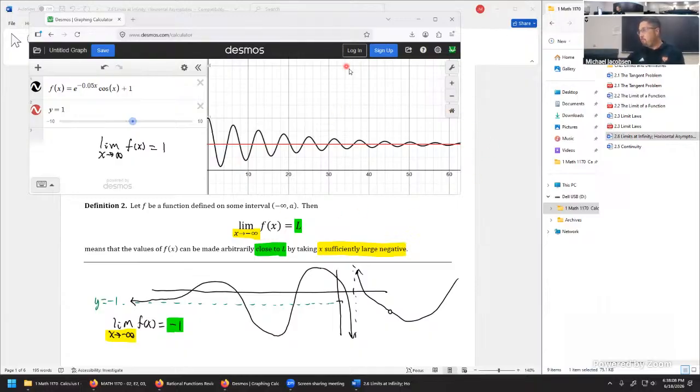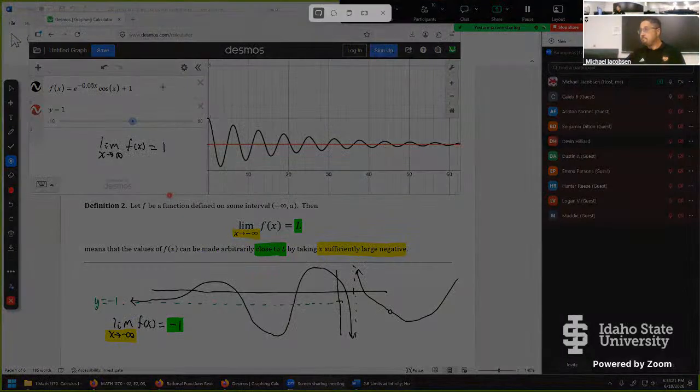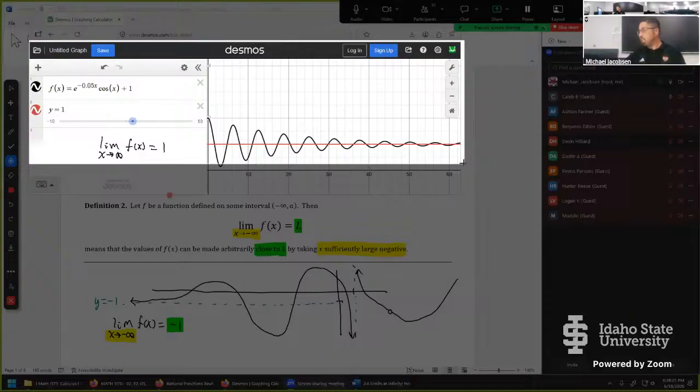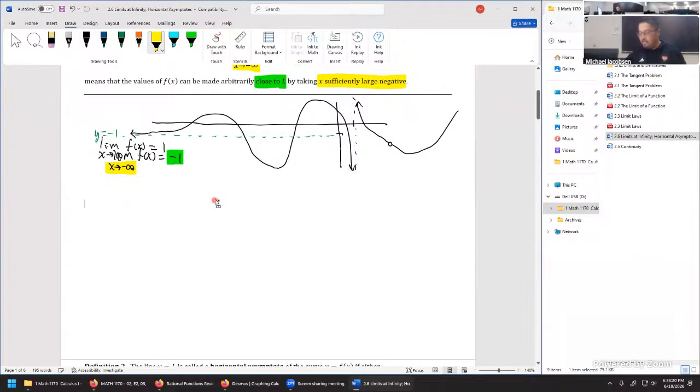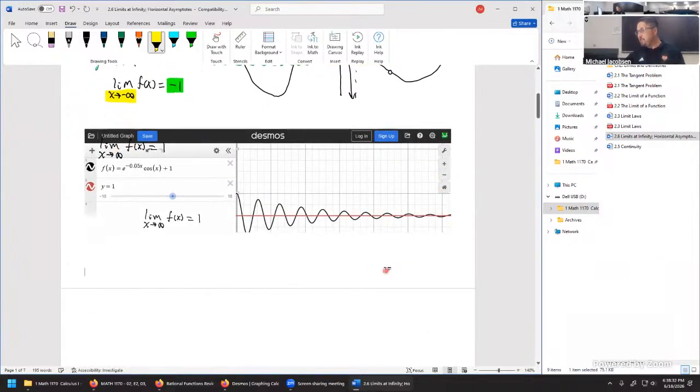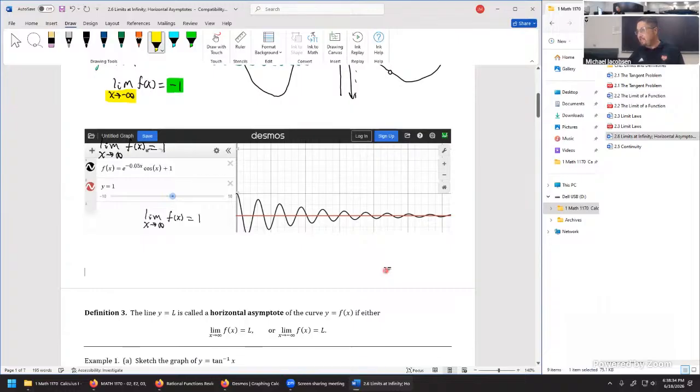So this is another kind of pathological looking example of what can happen for these kinds of limits. Other questions or comments about this particular example? Okay, let's throw this on here on the notes just for another take on some of these new concepts we're taking a look at.